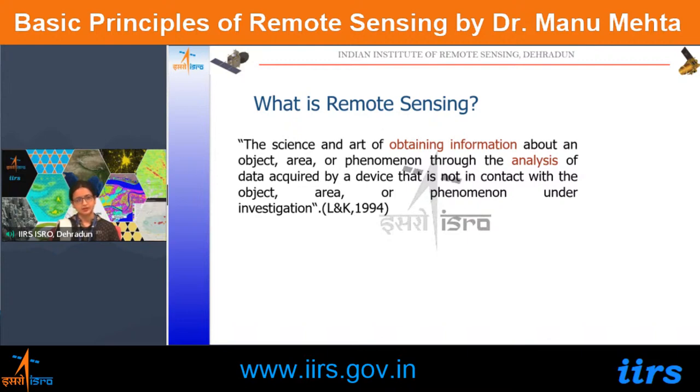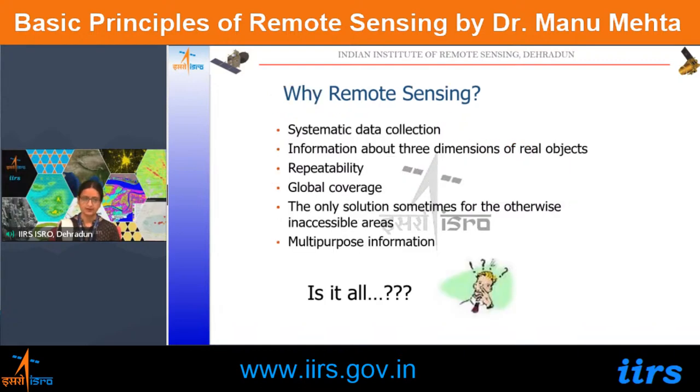And it is science, of course, because it is utilizing all the scientific principles and which are further used in bringing out the technologies. Now, I hope we understand what is remote sensing. So it is science and art of obtaining information or gathering information about three things: object, area, or phenomena, without being in physical contact with the same.